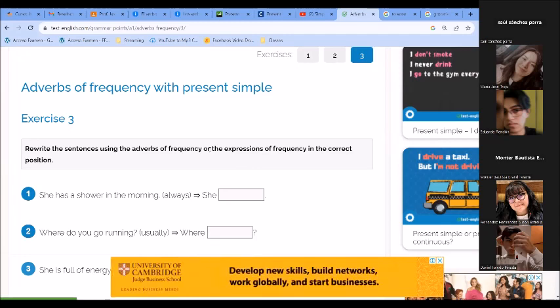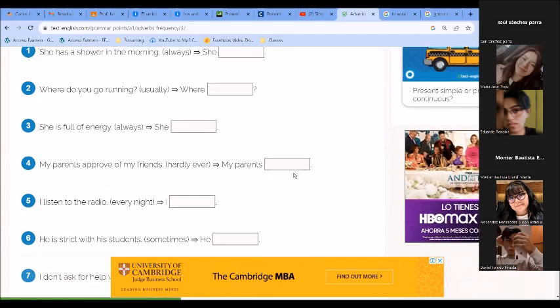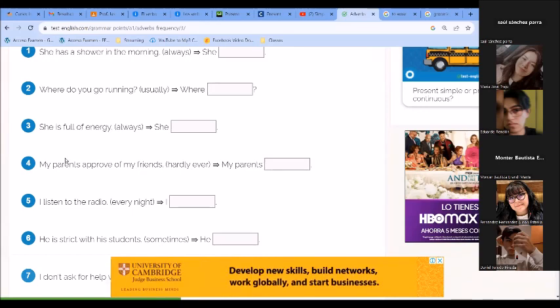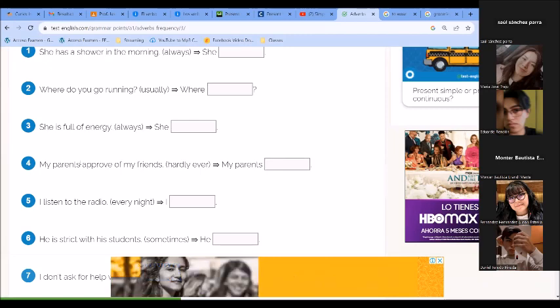Where do you usually go running? Perfect. Yes. Good. Majo, Trejo, number 3. Maybe she always is full of energy. Good. She always is full of energy.